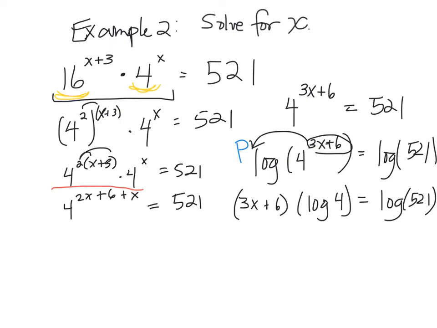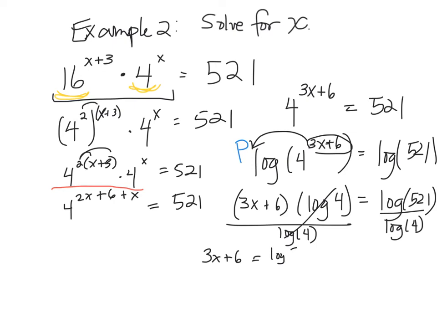And then we can divide by log 4 on both sides. We get 3x plus 6 equals log of 521 over log of 4. And then we just solve this. So we're going to subtract 6 and then divide by 3.